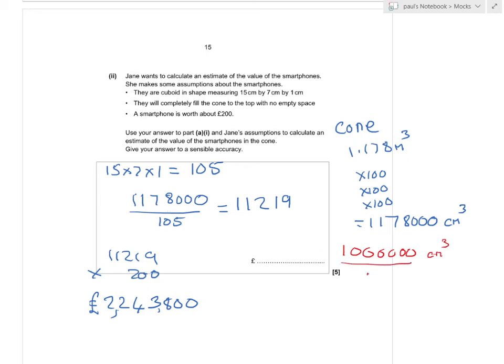If I divide that by 100, then I cancel, and that would give me 10,000. Then I could go 10,000 times 200, which gives me 2 million. So, yeah, £2 million.